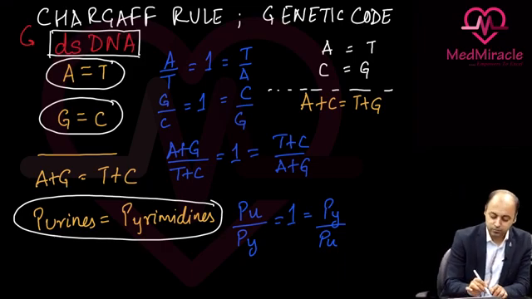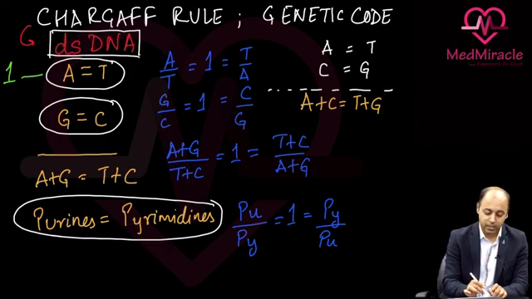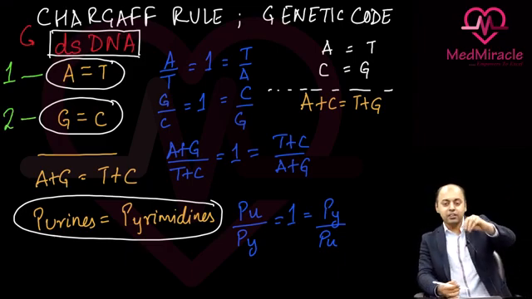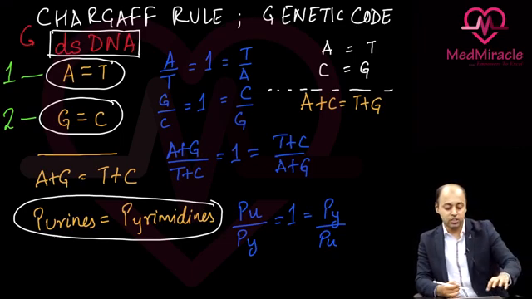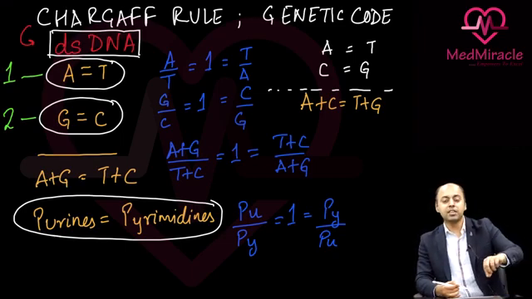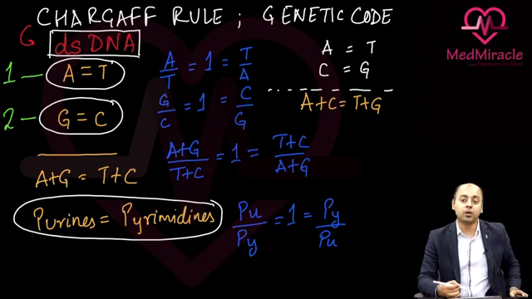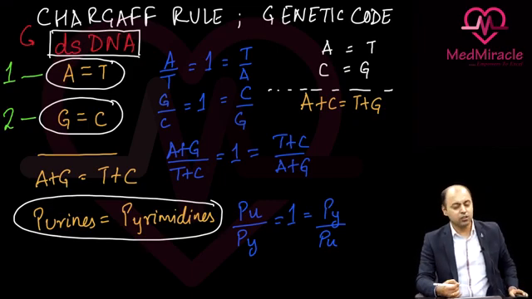What we do is label this as rule number 1, and we label this as rule number 2. And now, wherever in the equation these parameters come, we replace them with the corresponding number. For example, if it is part of rule number 1, we write 1. If it is part of rule number 2, then we write 2.